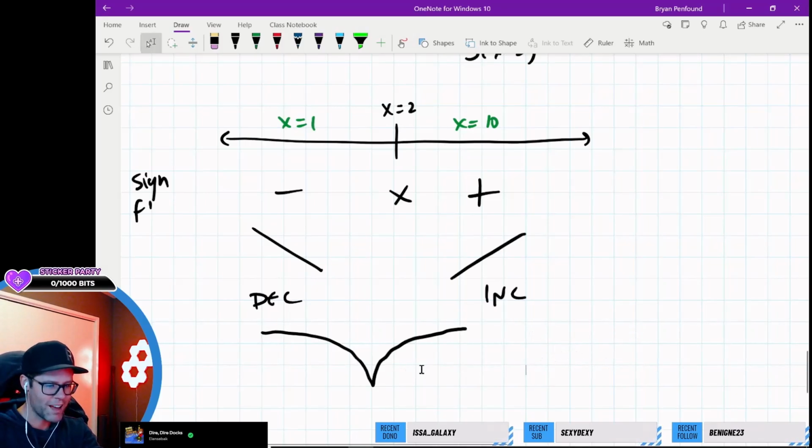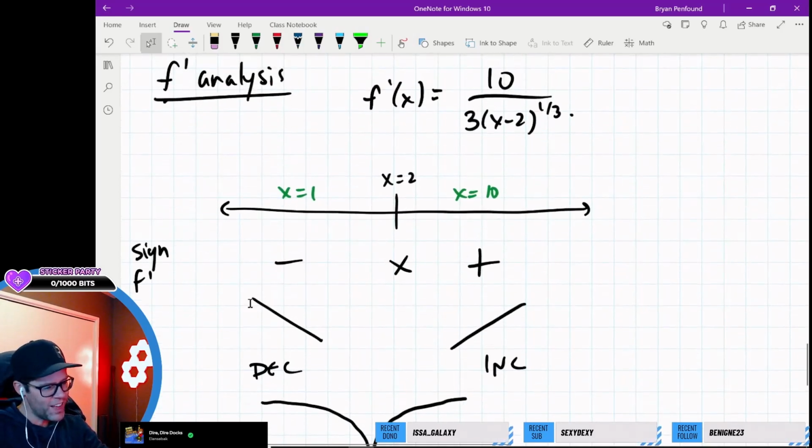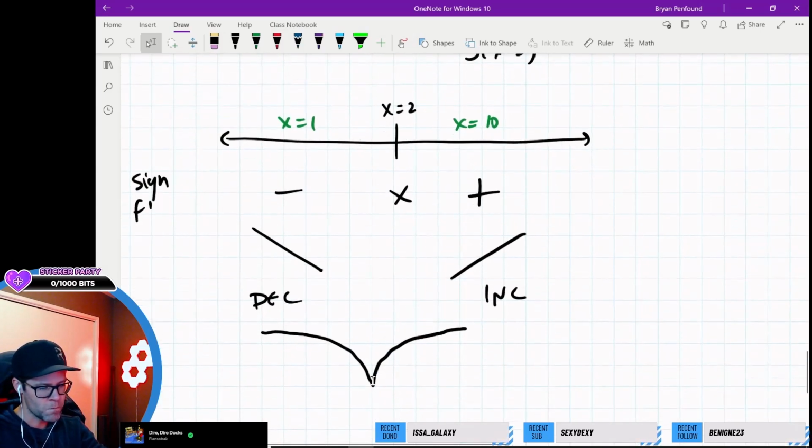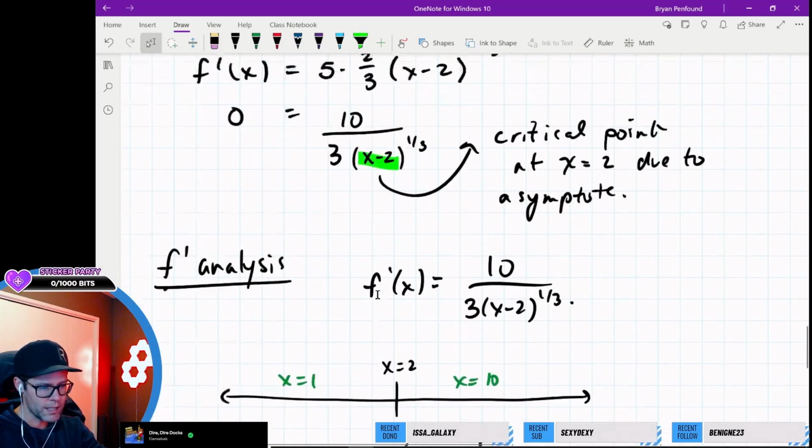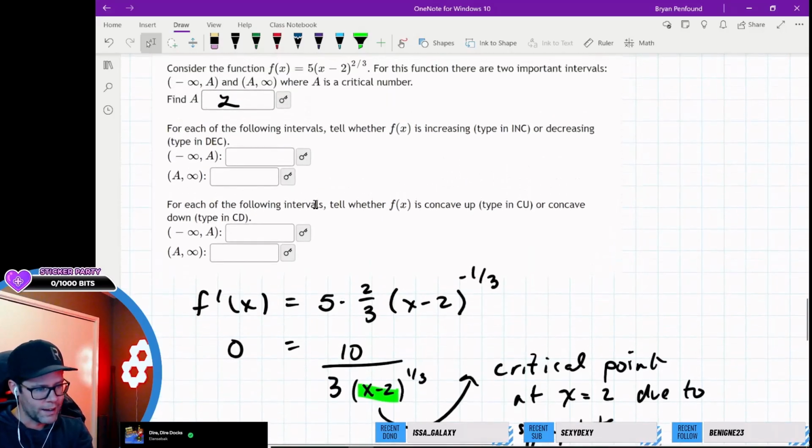I don't think that makes sense. So I think the first derivative analysis is probably enough. I can get a pretty good sense of what's happening here around this critical value of 2. It happens to be a cusp in this case. So from here to here, it's going to be decreasing, and then we have increasing on the other side, but we're going to be concave down the whole time.